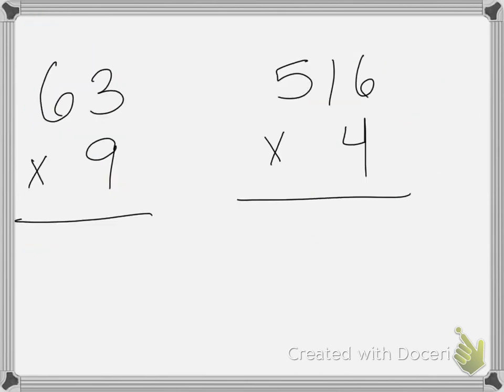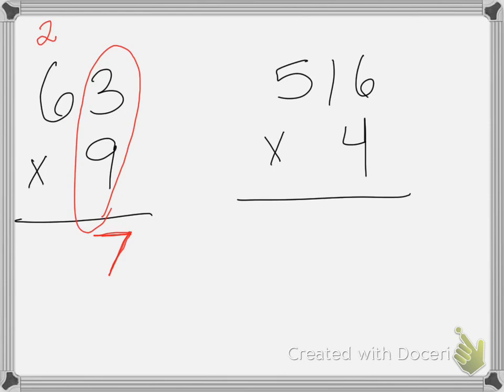The next one I have is 63 times 9. So, again, first step, I multiply 9 times 3. 9 times 3 is 27. So the 7 goes down beneath the ones place, and the 2 goes above the tens place.